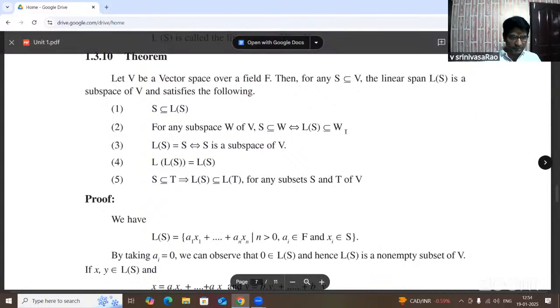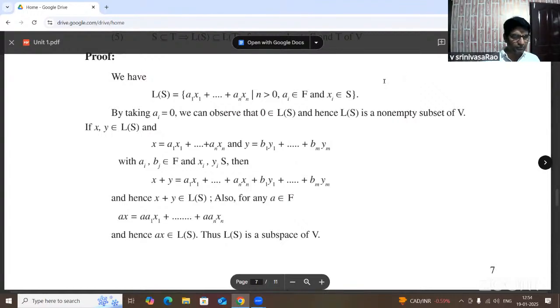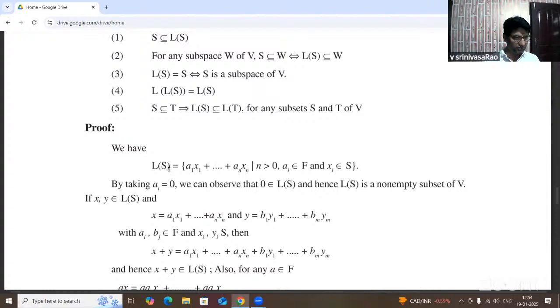Okay, next one. Now just you have to see and refer to this; one of the proofs is here. What is the proof? First, write the linear span definition: L of S equal to a1 x1 plus a2 x2 plus so on an xn. Here n is greater than 0 and the ai are scalars, so i varies from 1 to n. Each ai belongs to F, and the xi values are taken from the subset.